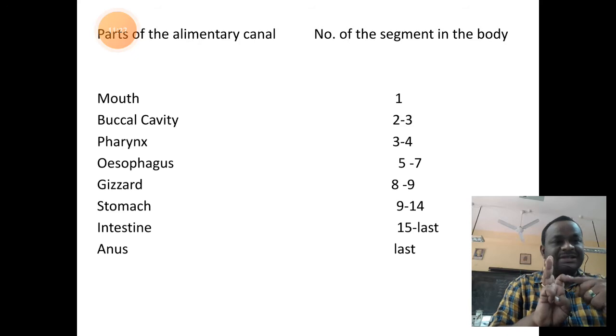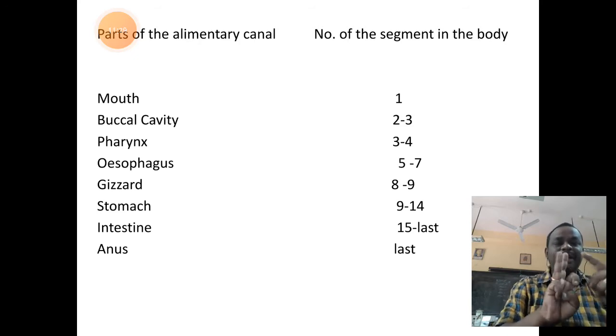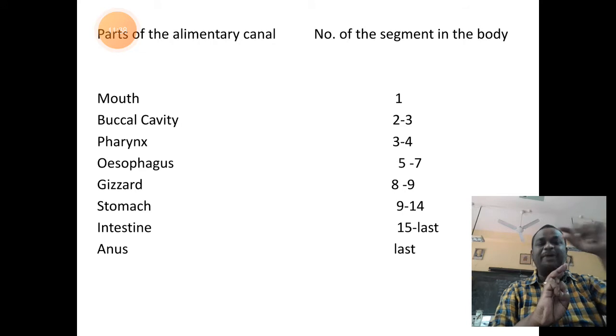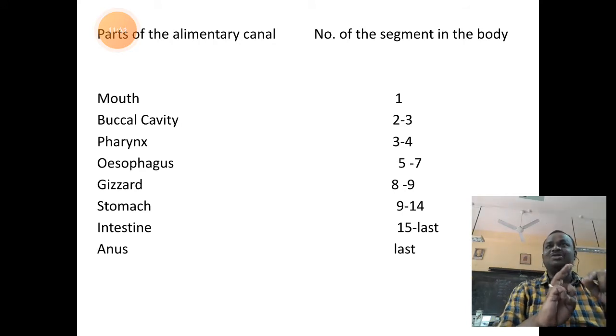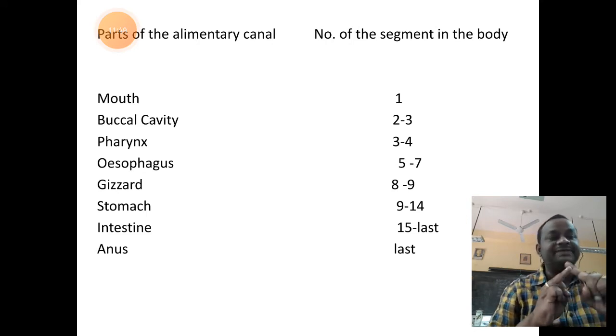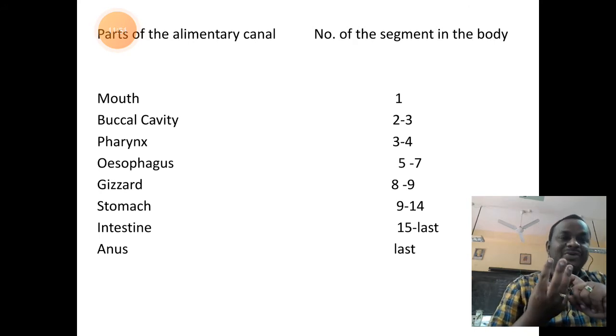Number two, the position of that particular organ, or simply, in which particular segment of the body you find it. Third is its function. So, three things you will have to remember.